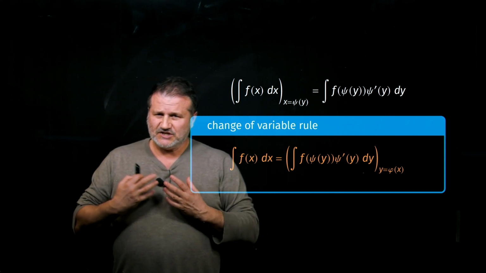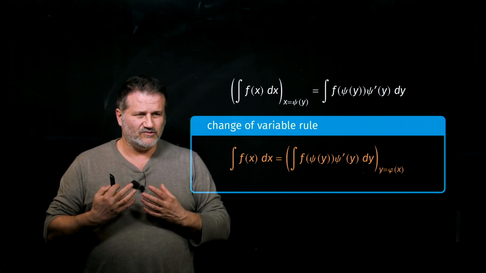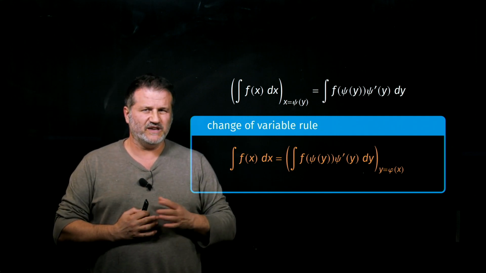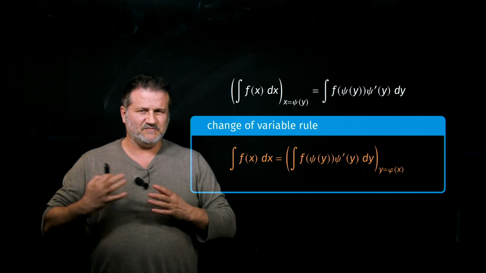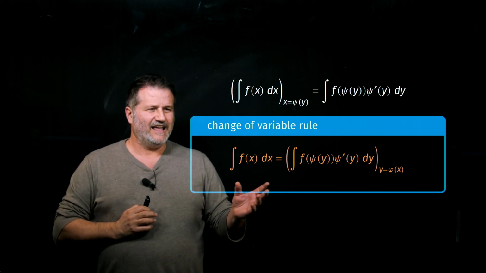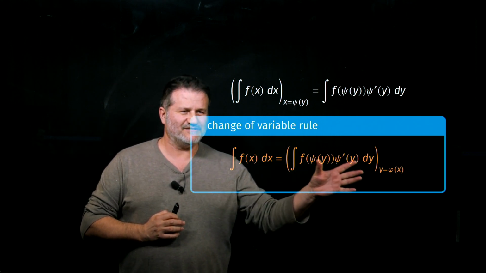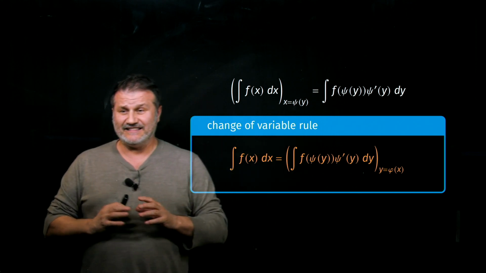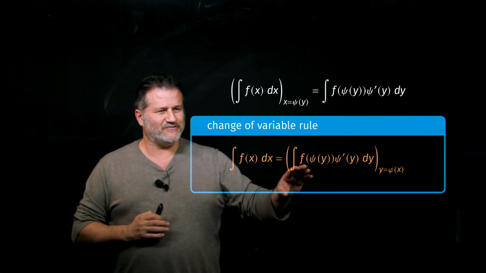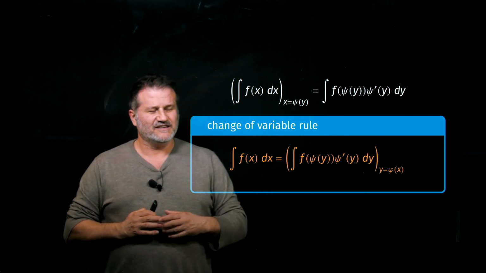Now, the scope of any rule of calculus for primitives is just to simplify the calculation. So we do something to get something better, easier to be computed. And the idea should be also here that the right-hand side should be easier than the left-hand side. Apparently, this is completely false because the right-hand side contains a lot of stuff here.